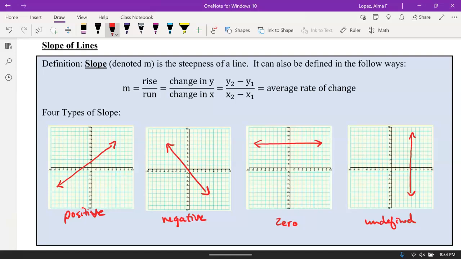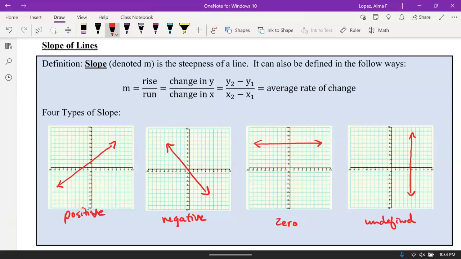Now, if you have a 0 slope, I like to think about it this way. I wish I could show you me, so I could show it with my hands. Okay, so everybody understands that if the line is going up from left to right, it's got an upward tilt, it's positive.